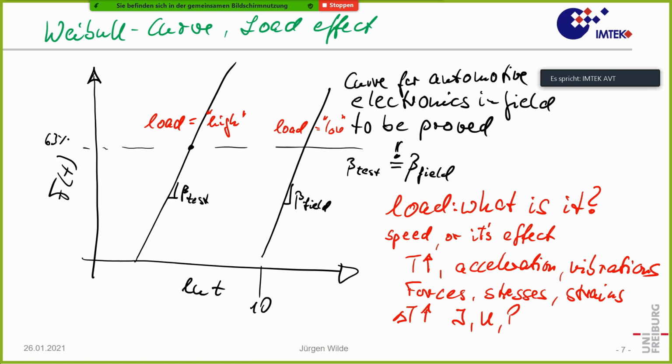The J here is the current density, which is also an important parameter. And when we divide the voltage by a certain thickness of a material, we typically get a field strength. And that is important, for instance, for dielectric breakdown.